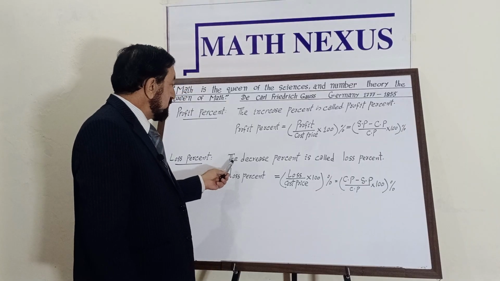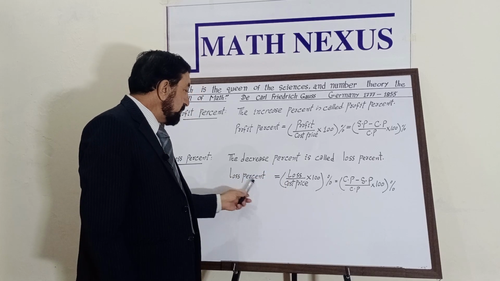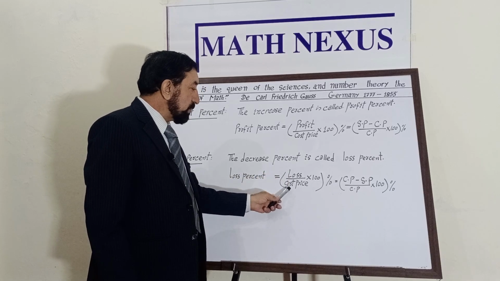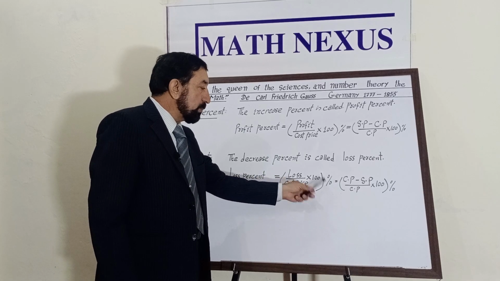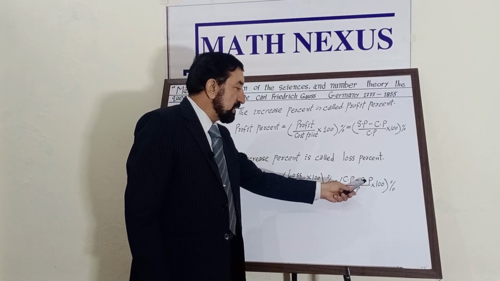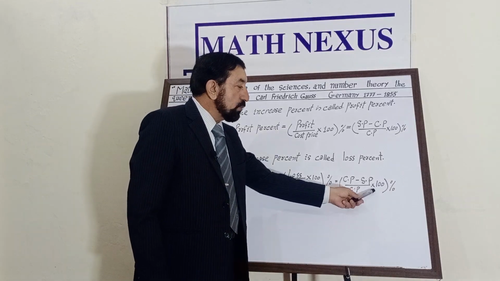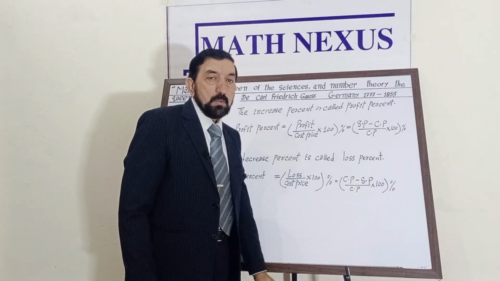Loss percent: the decreased percent is called loss percent. Loss percent is equal to loss upon cost price into 100%, or cost price CP minus sale price SP upon CP into 100 percent.